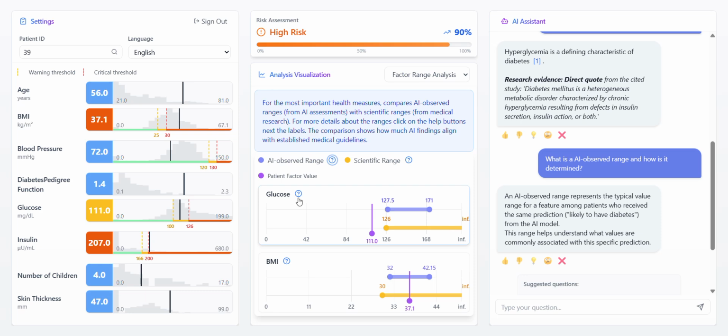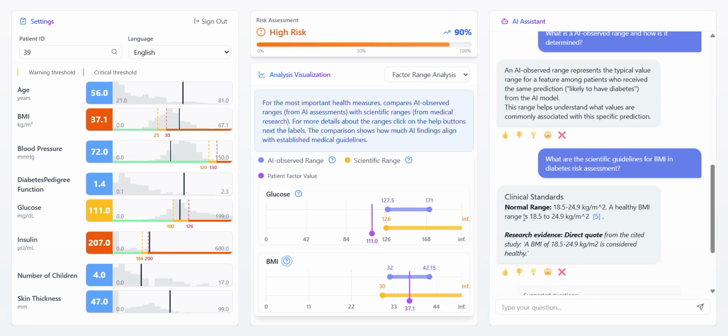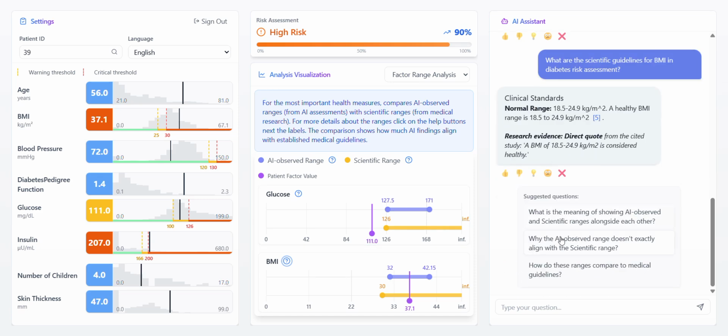Same as before, a user can ask about scientific evidence behind those ranges. For example, for the normal range, the scientific or research evidence is provided along with the reference. Also, the user can ask follow-up questions, with suggested questions that can be selected from.